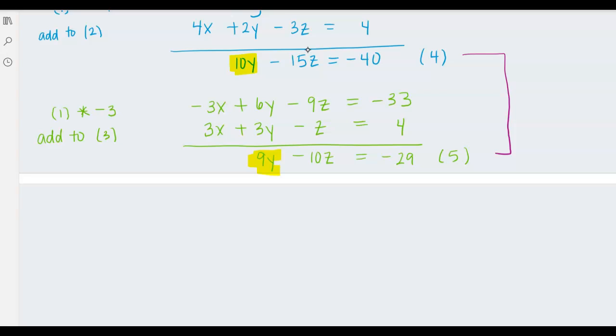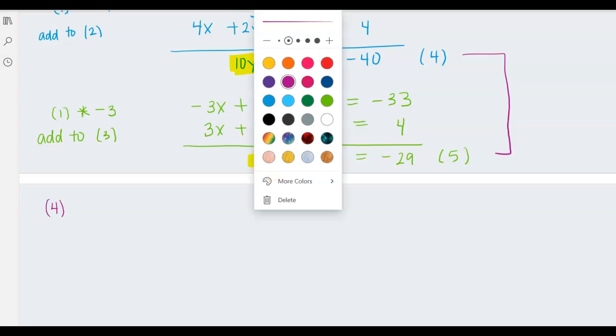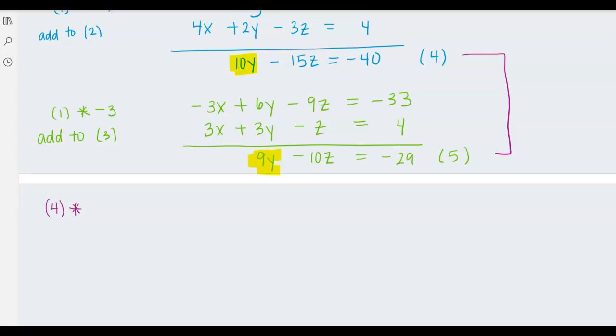Let's multiply that first equation by a negative 9. So we'll do equation 4 multiplied by a negative 9.